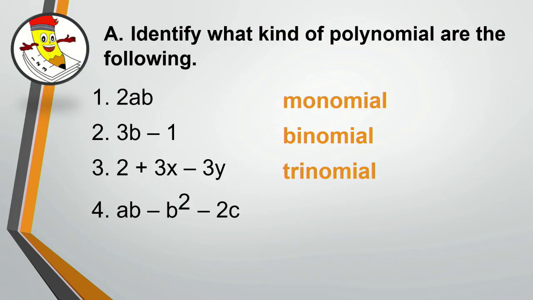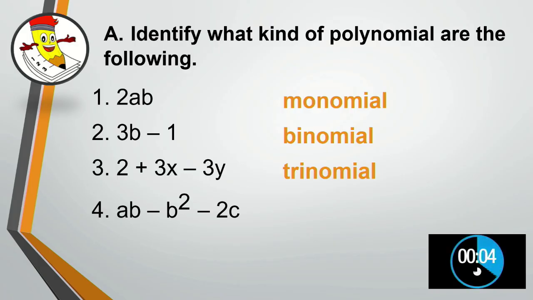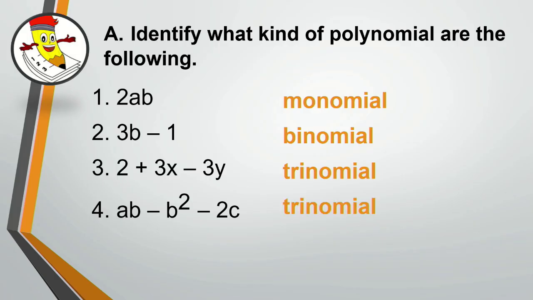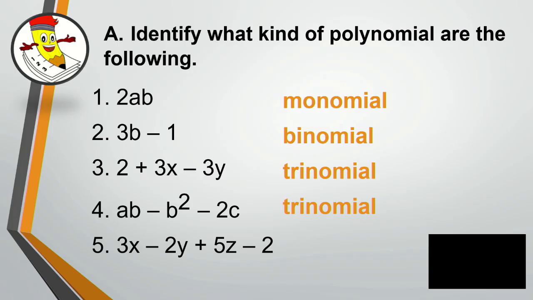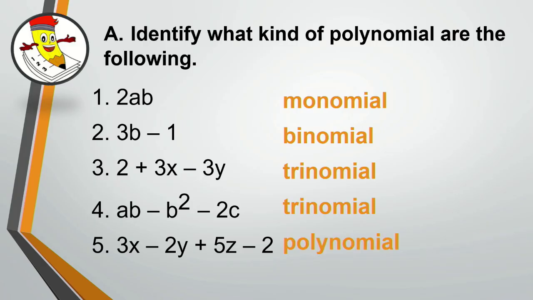Number 4, ab minus b squared minus 2c. Correct answer is trinomial. And number 5, 3x minus 2y plus 5c minus 2. Polynomial.